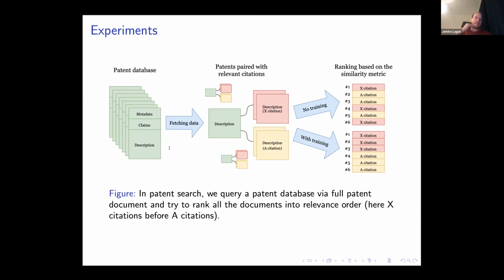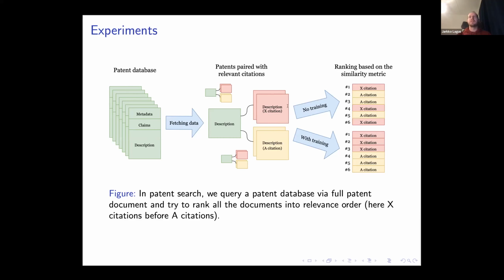And here we have a diagram of how usually the system works. We have a patent database that contains all the patents. We fetch all the data that we have. We have information for each patent, about the descriptions and claims, and these are all linked to some kind of citations. So this is the training data case. And then in the search case, the person who is doing the patent application of course doesn't know what would be the X citation and what would be A citations.